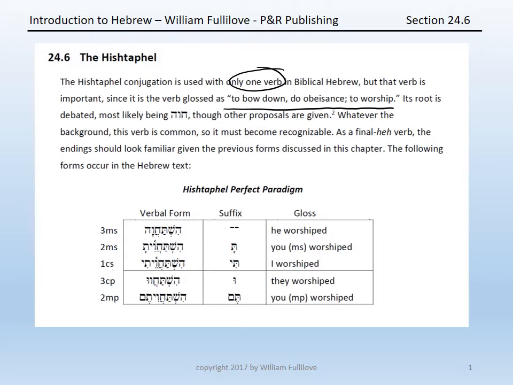Most likely, one would say chava, chet vav he, so it behaves as a third he root. However, one could make an argument that this is actually a simple hitpael of a root which has 4 letters instead of 3: shin, chet, vav, he.